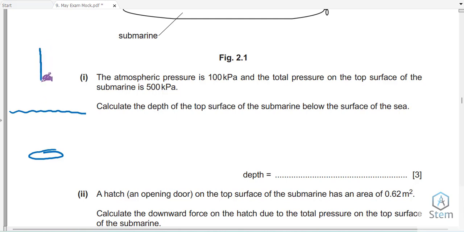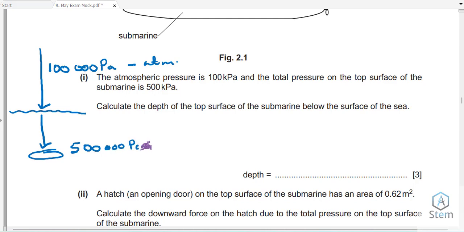We are going to have this pressure of 100,000 pascals due to the atmosphere. Then we are going to have an extra pressure taking us to 500 kilopascals. The extra pressure, let's call it X, is due to the water.